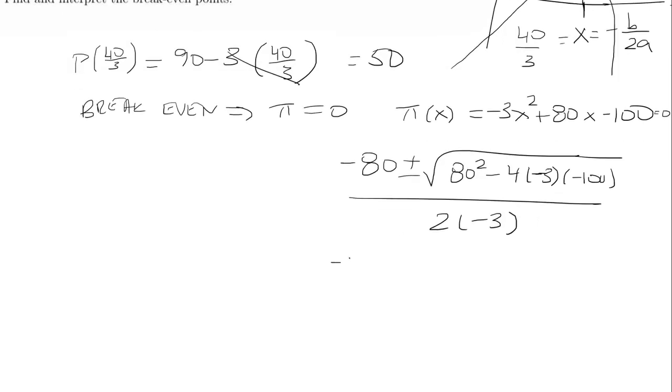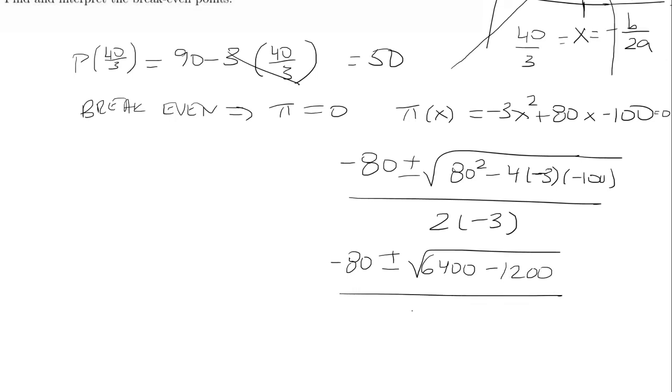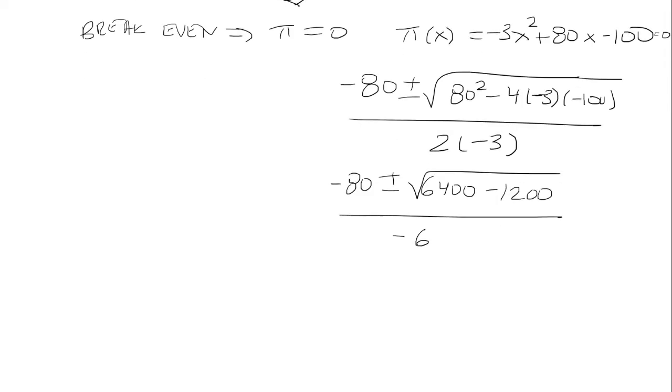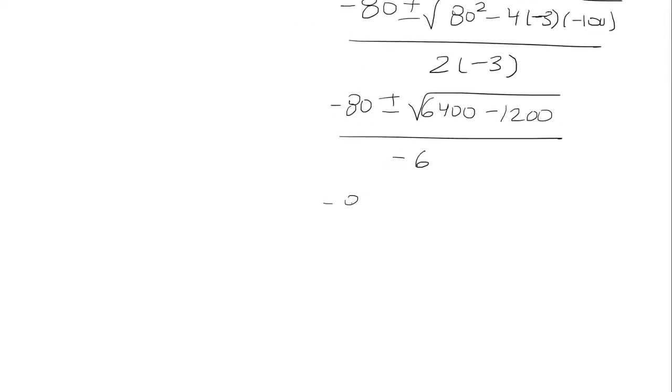Okay, so we'll leave the top as -80. Inside we get 6400, and we have 3 negatives multiplied, so that should be a negative. 4 times 3 is 12, times 100 is 1200, all over -6. I'm going to simplify this. 6,400 minus 1,200 is 5,200 over -6.